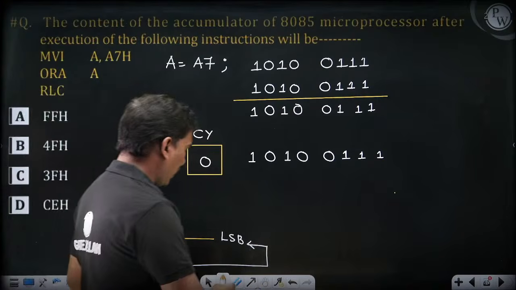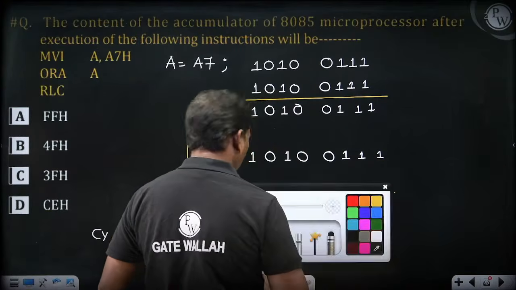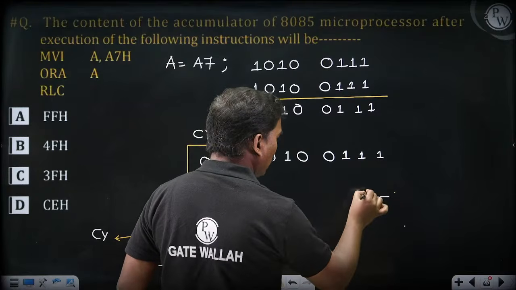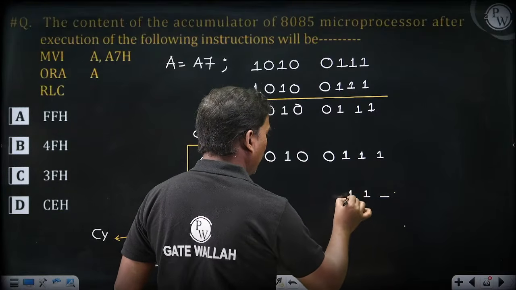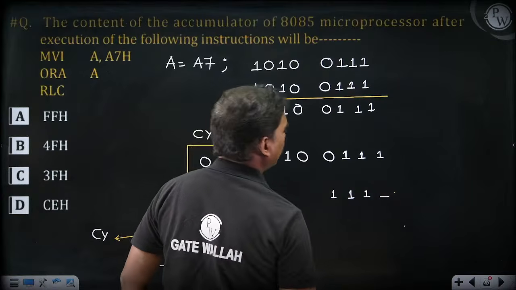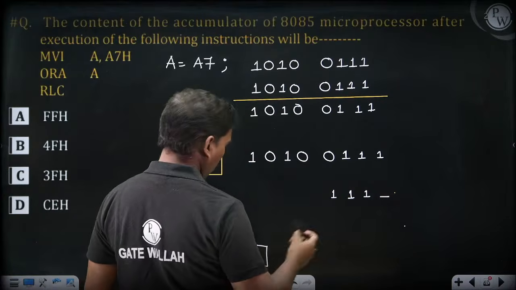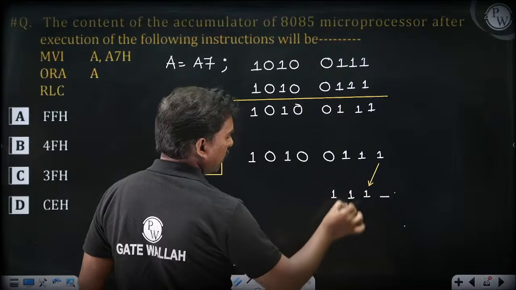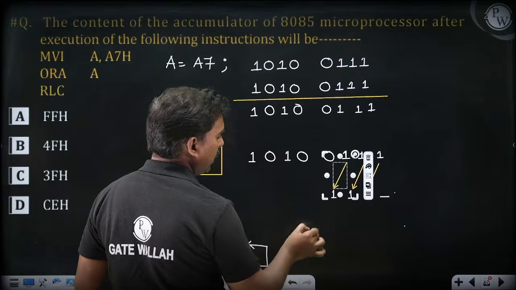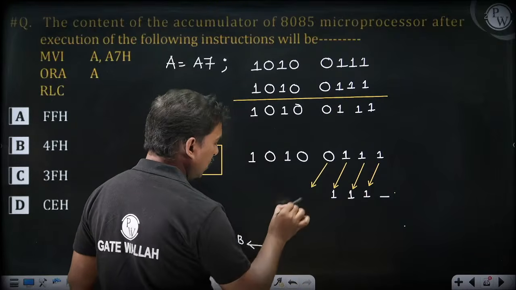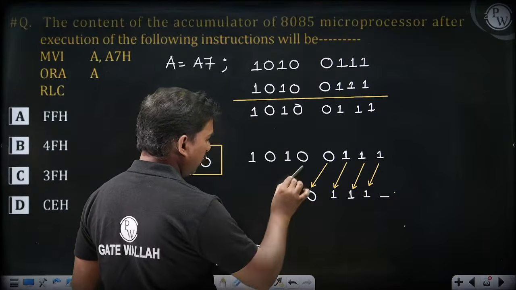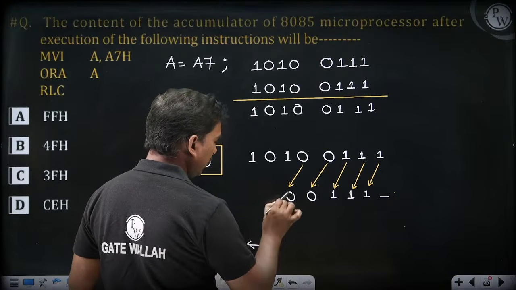So now if I take this, this will be here. This will be switched like this. So this will be 1, this will be 1, this will be 1. Okay. So this comes here, this comes here, this comes here, this comes here, 0. And this comes here, 0.